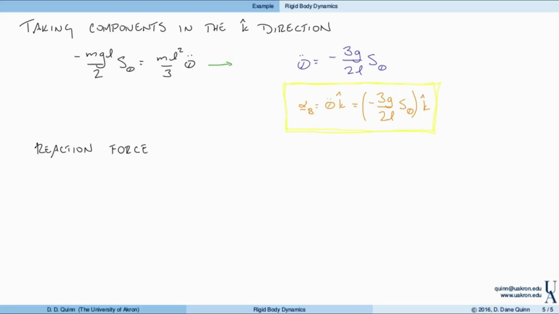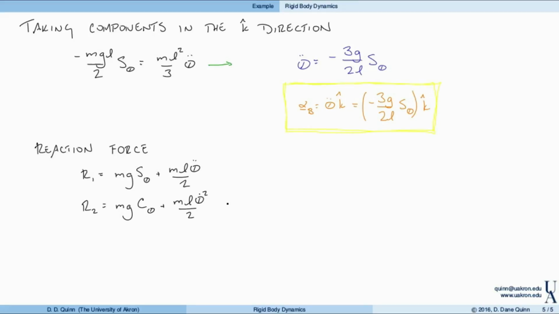So, in particular, I can solve for both R1 and R2 as: R1 equals mg sine of theta plus ml theta double dot over 2, while R2 is equal to mg cosine of theta plus ml theta dot squared divided by 2.